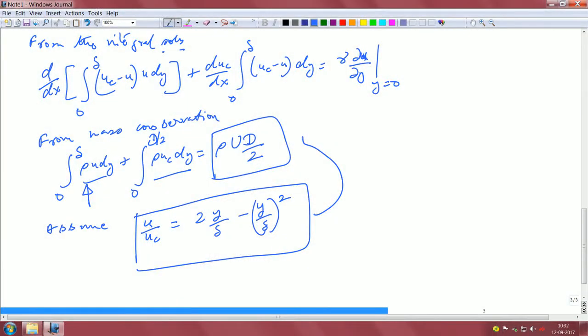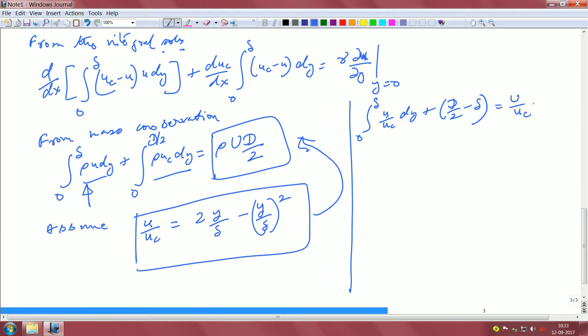So, now applying this particular form into the continuity equation that we have here, what you will get is what we have done over here, and now if you substitute this into this particular form, you will get y squared by delta, y cube by 3 delta squared, from 0 to delta, plus d by 2 minus delta.